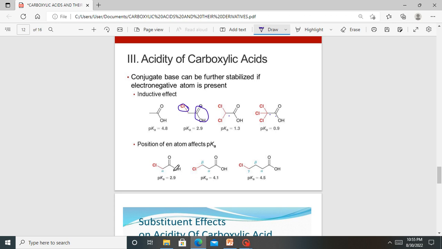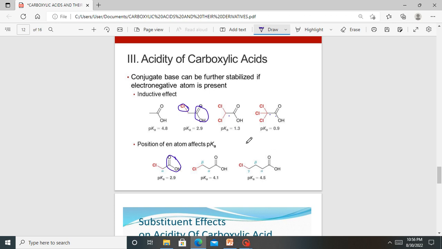Now the position of the atoms also defines the pKa or the acidity. In this case, the chlorine is at position 2 on the alpha carbon, here at the beta carbon, and here at the gamma carbon. The negative induction conferred on the carboxylate system from this carbon is higher than that of this. This one too is higher than this because of their distance from the carboxylate system.